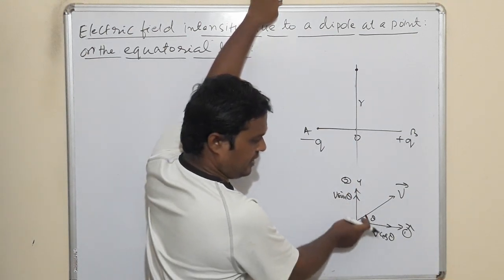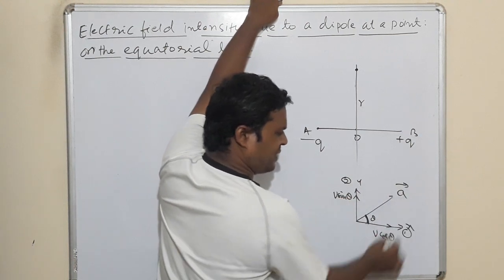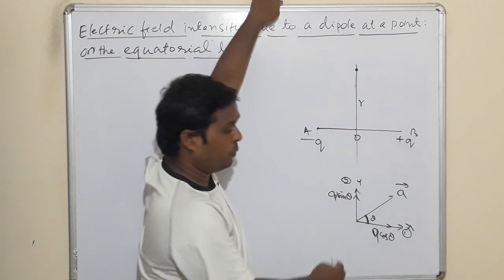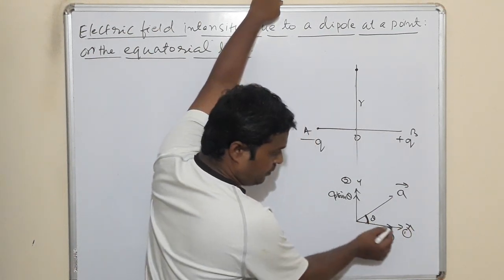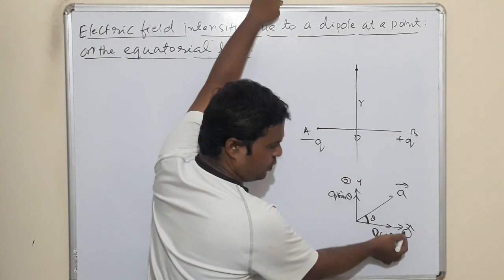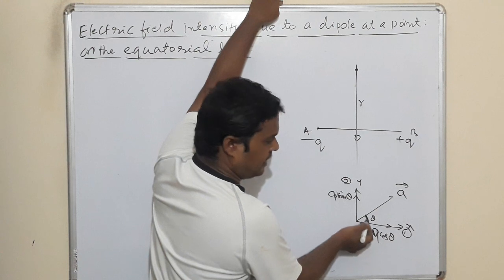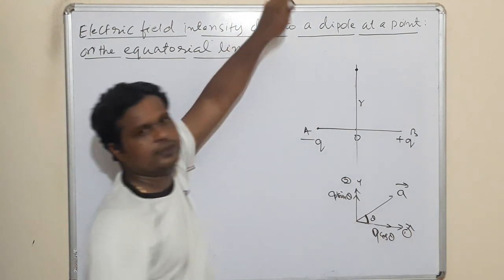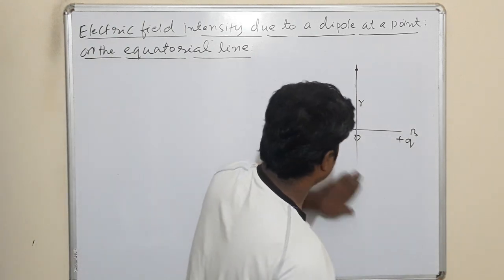If this vector is A, the components are A cos theta and A sin theta. Remember this, it will be helpful to us here.